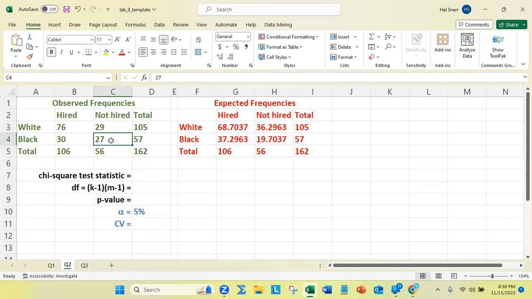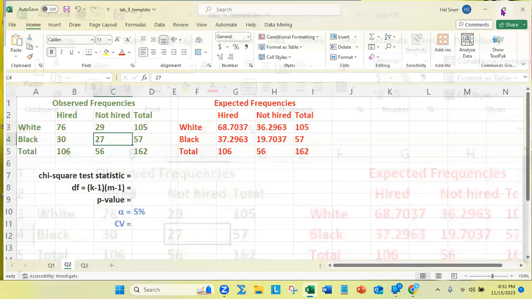If that collective difference is significant, then we would conclude that race and status of the applicant are dependent. We're going to conclude that the variables are dependent, okay? And that's how that works, right?